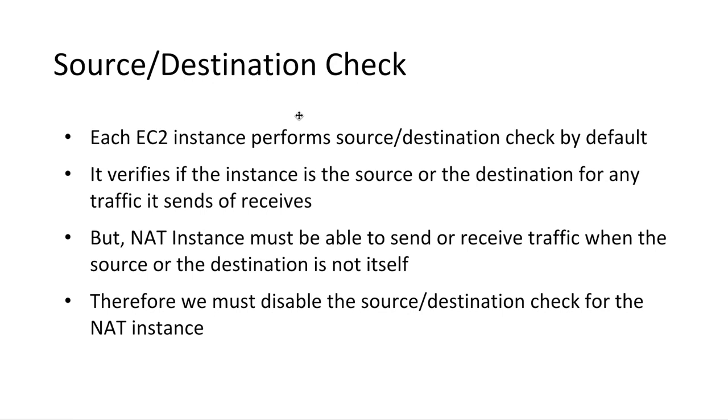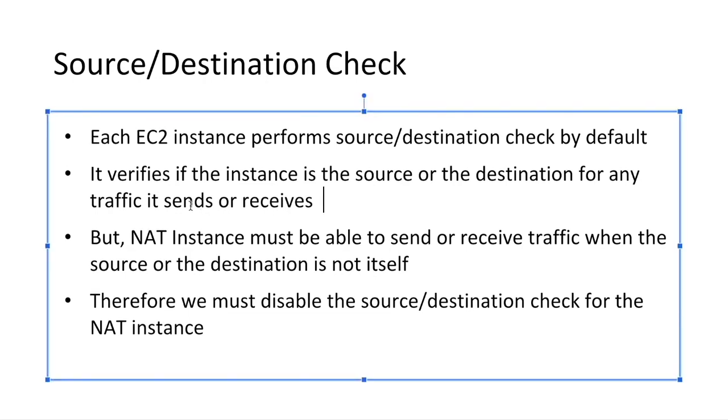Let me reiterate. It verifies if the instance is the source or the destination for any traffic it sends or receives. So if some traffic is sent out to the internet, it has to be originated from the EC2 instance. If some traffic is coming into the instance from the internet, it should be destined to the EC2 instance.